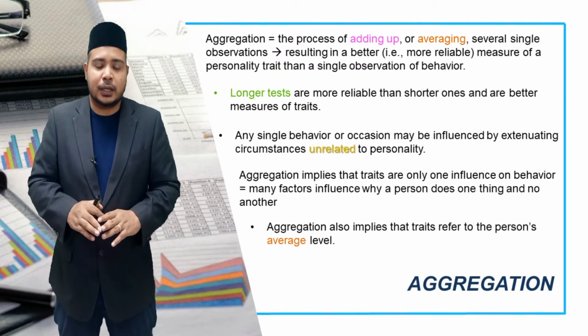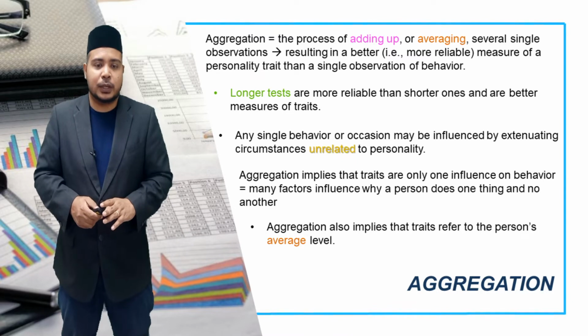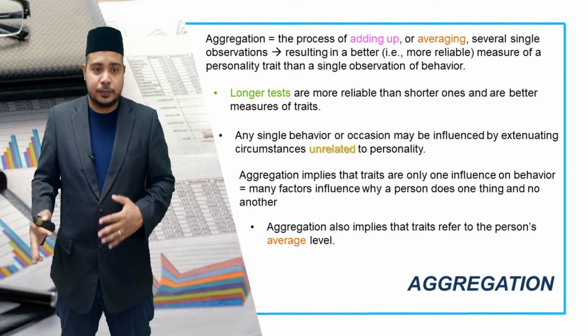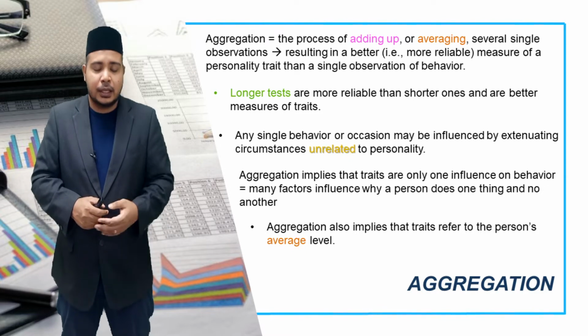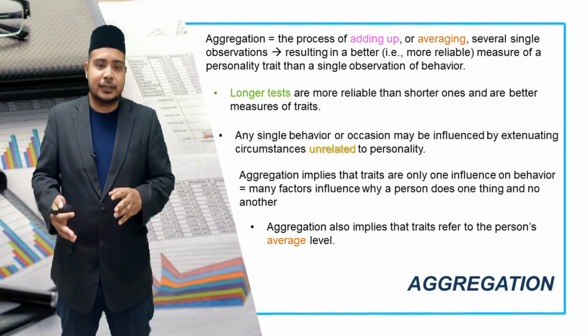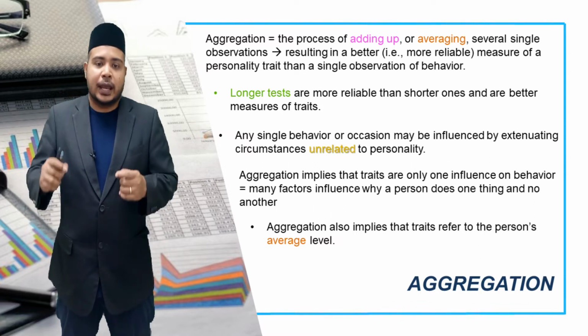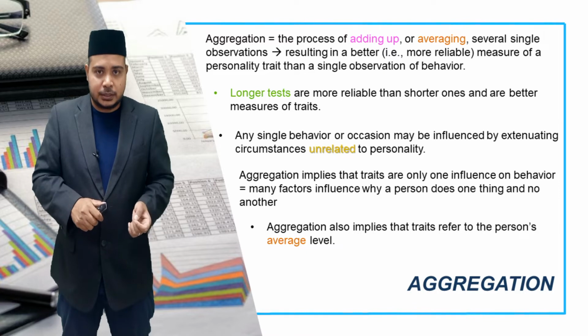Okay, the next one, I think this is the last one, the theoretical issues, which is aggregation. What is aggregation? Aggregation is the process of adding up, or the process of averaging every single observation.